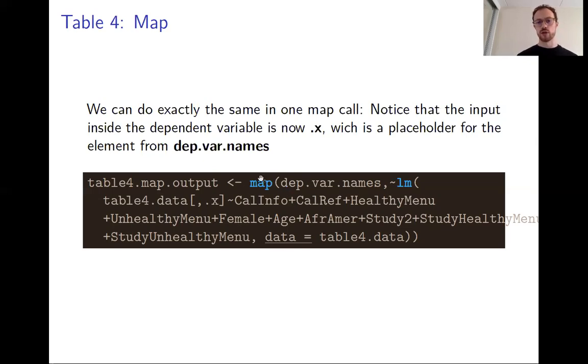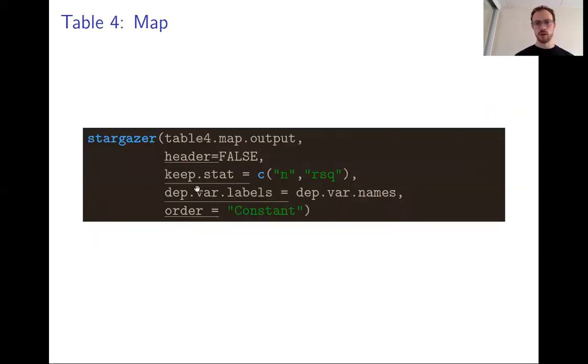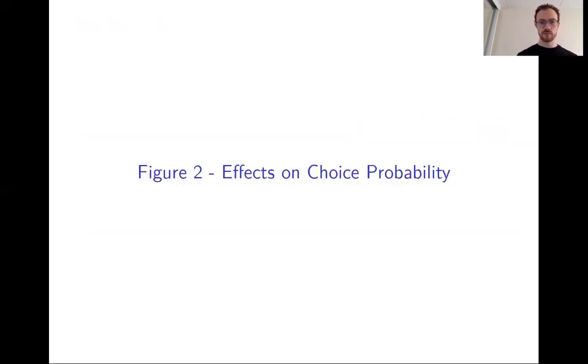So we can just use map and save everything as a list, and then it's called table4 map output. And we can include this into Stargazer exactly the same way as the list from the for loop. If you look at the review document, you will see that these two tables from these two different approaches are exactly the same because they do exactly the same.